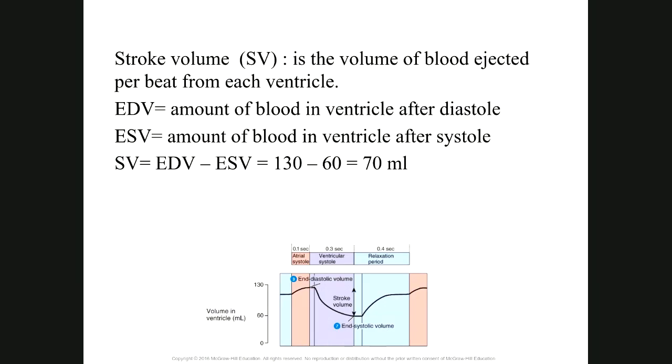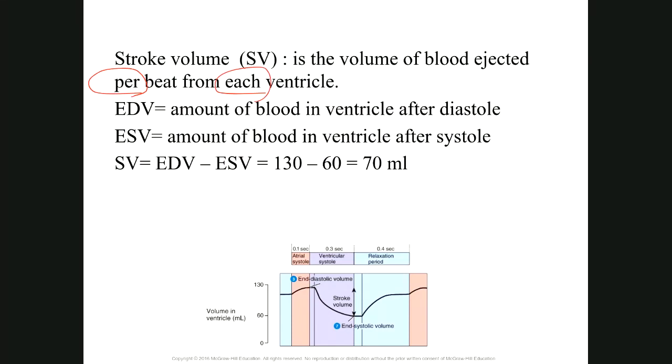So again, in this picture, I want to show you the pressure change. The stroke volume is the amount of blood which is ejected per beat from each ventricle. Pay attention. These two words are very important. Ejected per beat from each ventricle.